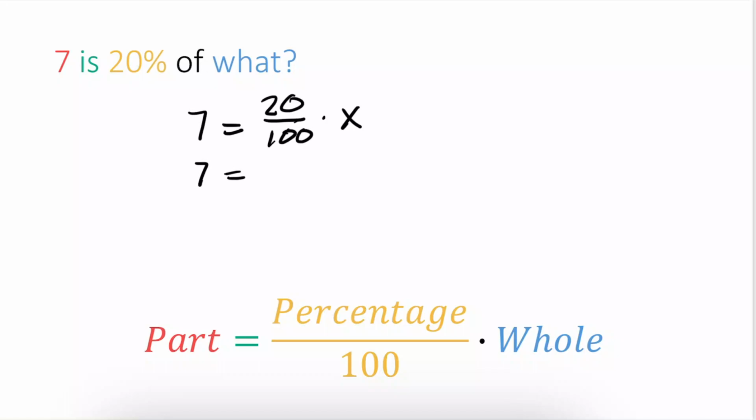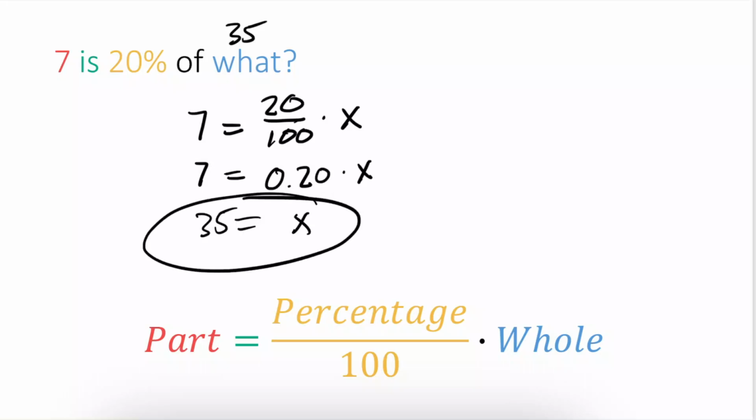So I'm going to write it as 0.20 times x. To find out what x is, I'm just going to divide by 0.20. That tells me that x equals 35. And if we check to see if this sounds reasonable, we can put this back into the original question and say, is it reasonable that 7 is 20% of 35? That is reasonable, and so that would be our answer for this percentage problem.